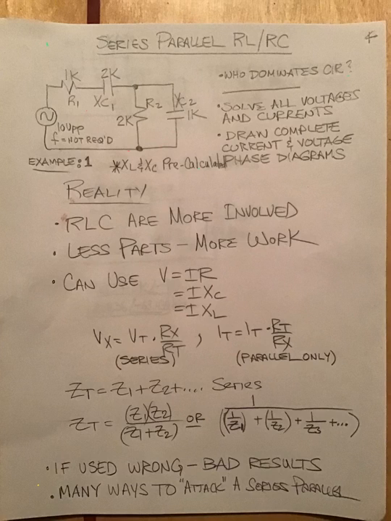For example, if I knew the current going into this parallel branch, I could use current divider and split it. That would be one approach. That would give me the current here, and that would give me the current here, which then allows me to use Ohm's law and you're done.